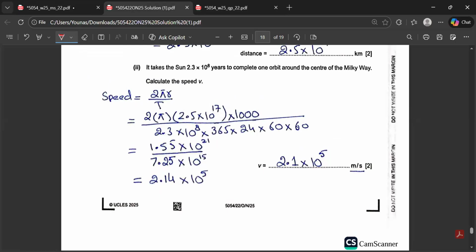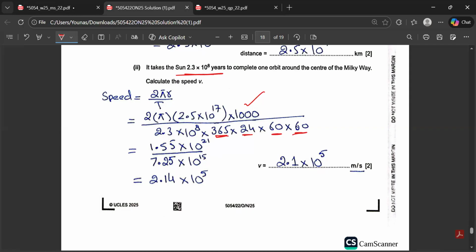So 2 multiplied by pi multiplied by the radius of that orbit, which is 2.5 × 10^17 kilometers. And then I multiplied it by 1000 to convert the kilometers into meters. And it says 2.3 × 10^8 years, so I multiplied it by 365, then by 24, then by 60, then by 60, because I'm converting those years into seconds.